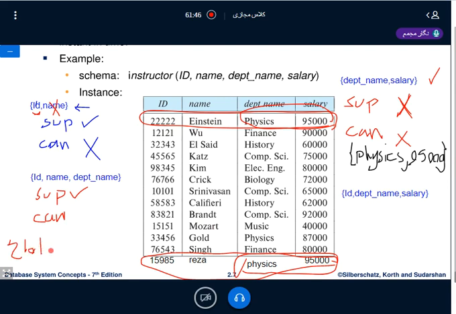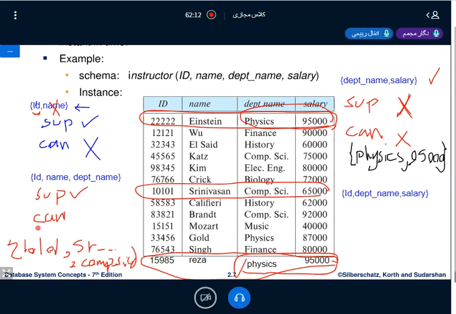For example, if the ID is 101 and its name is Srini Vasan or something like this, and its dept name is computer science, then I can find the exact record, just one record, then it is the super key. But is it a candidate key or not?